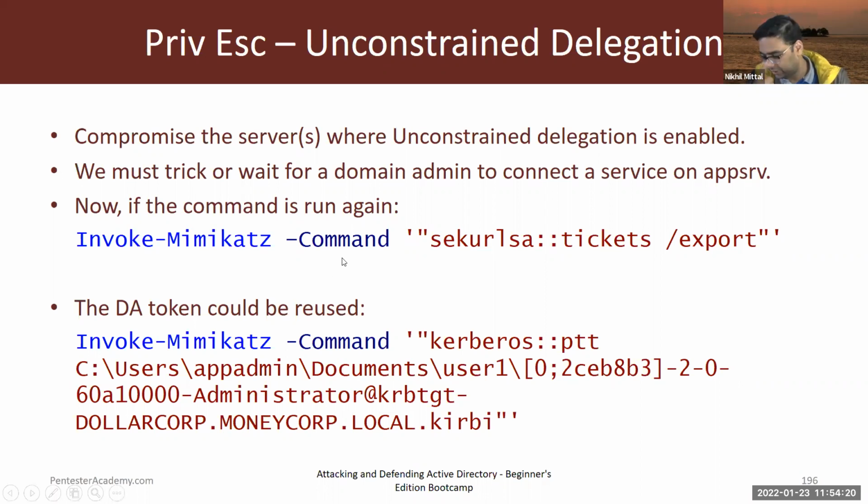Once we have one such domain admin or a high privilege user connected to it, we can simply export the TGTs. And please note that both TGTs and TGS are portable. That is, you can extract the TGT from a machine and then you can import it on any other machine. So you can extract the TGTs and then inject them anywhere else to get the domain admin privileges.